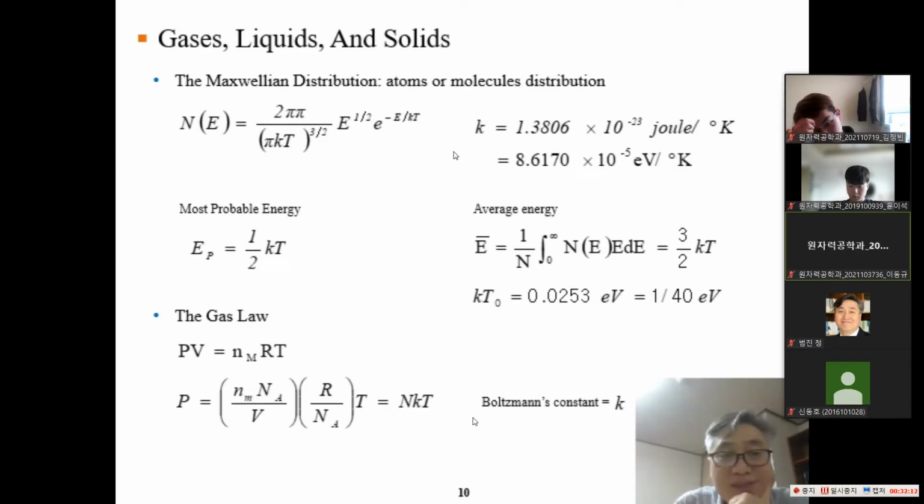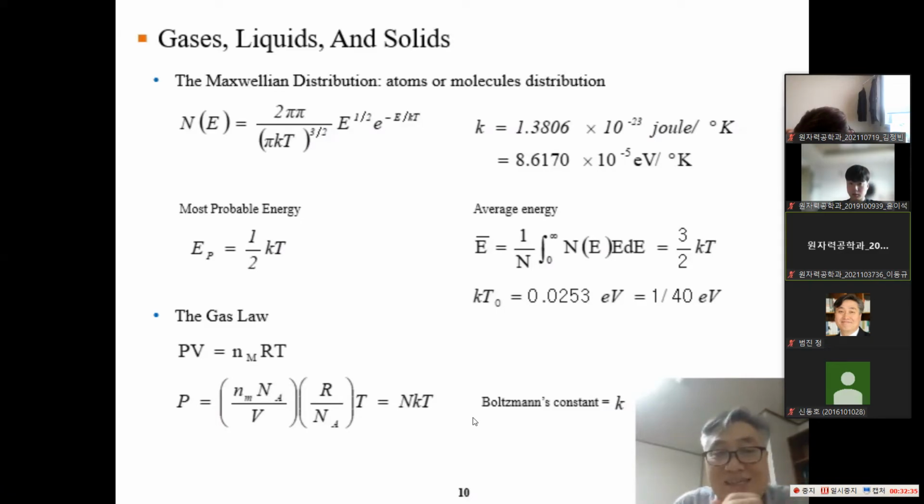Ne means energy dependent number density: the number of elements, atoms or molecules, which have energy E is Ne.